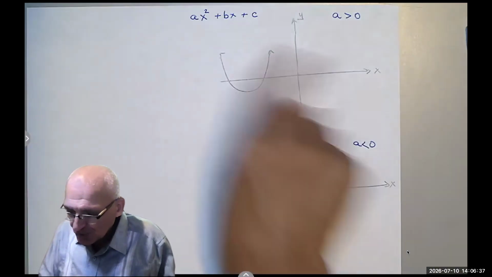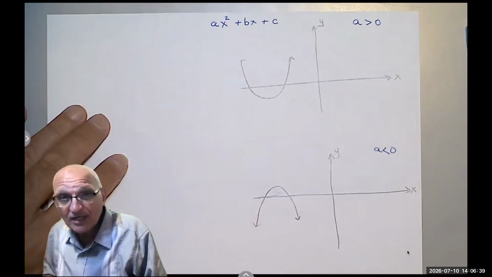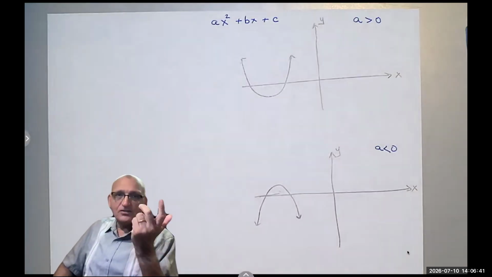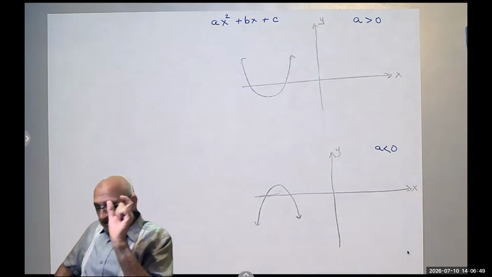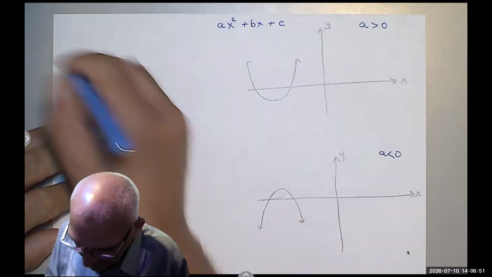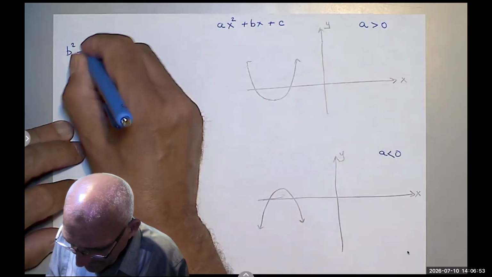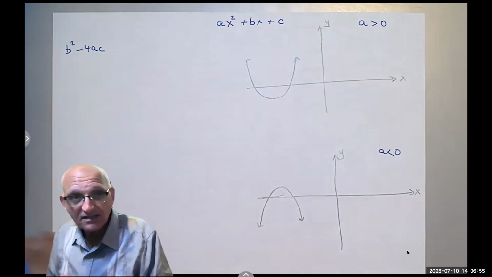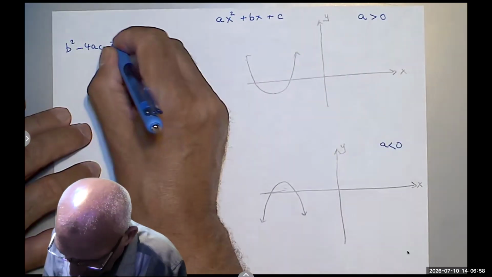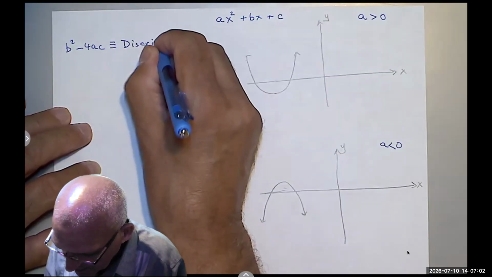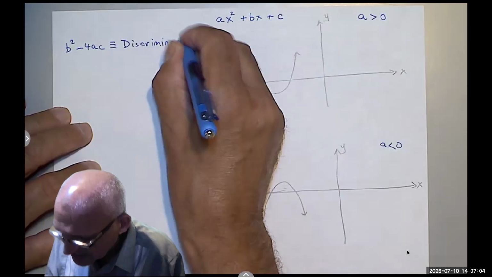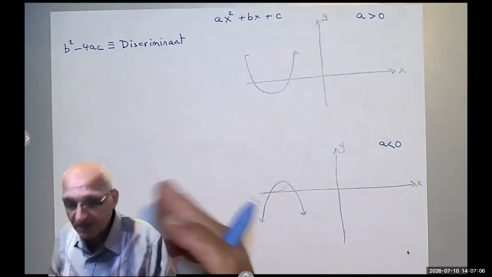If you look at the solution, when you equate that to 0 and solve for x, we learned that x equals -b plus or minus the square root of b squared minus 4ac over twice a. So b squared minus 4ac, which is the quantity under the radical, we refer to as the discriminant, because it discriminates between 3 possible cases.